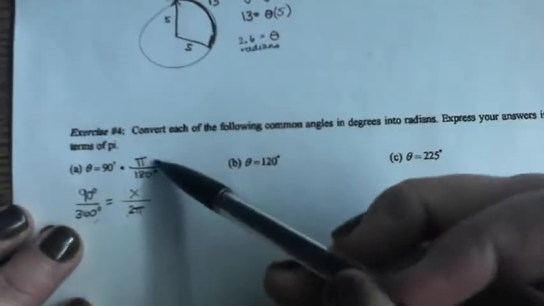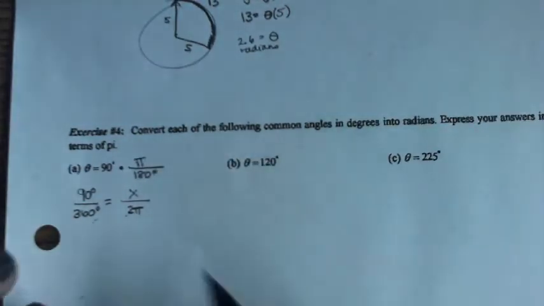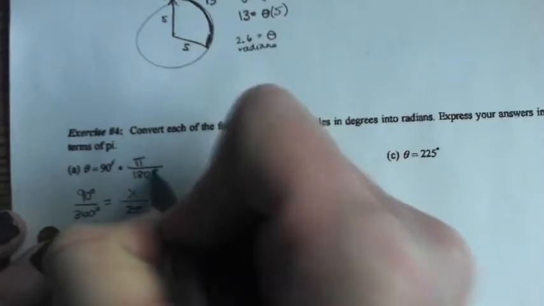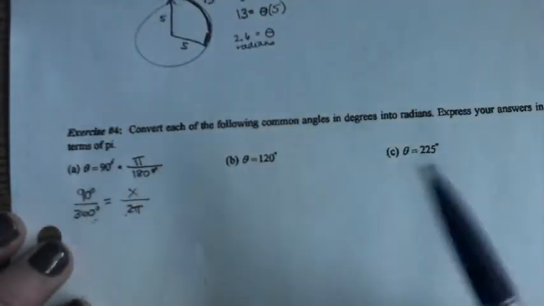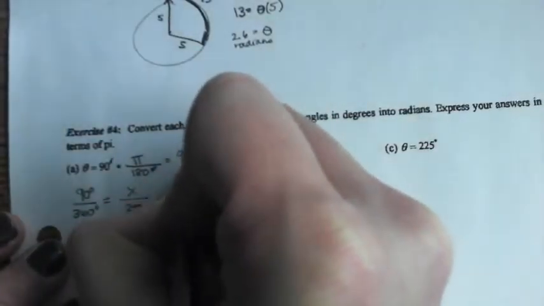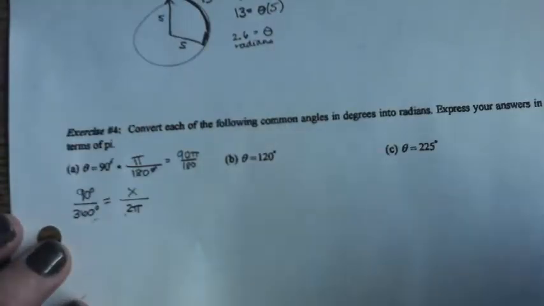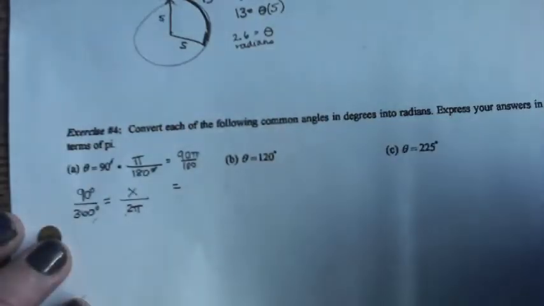It's something over itself. So it's multiplying by 1, but it's going to change the appearance so that your degrees will cancel. And that's how I know to put degrees on the denominator, because it started in degrees and I want the degrees to cancel. And it'll be 90 pi over 180. And 90 over 180 reduces to 1/2, right?